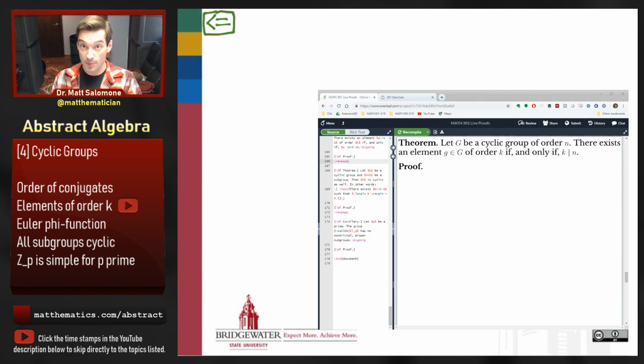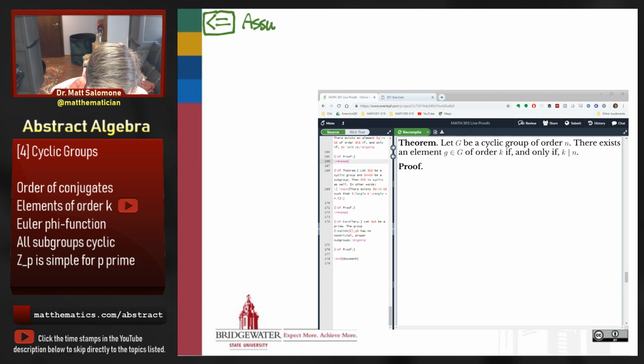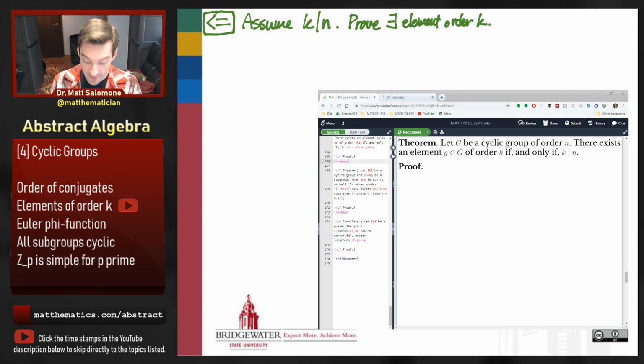We have the burden of proof going from right to left. So we assume that k divides n, and then we want to prove that there exists an element of order k. So that's going that direction.